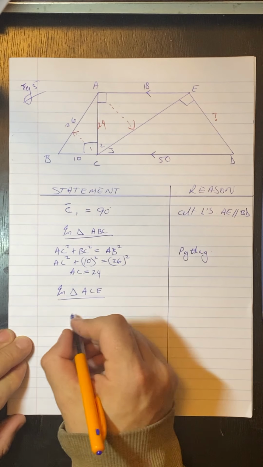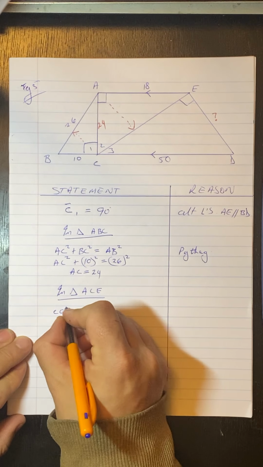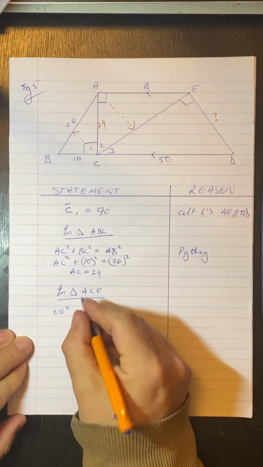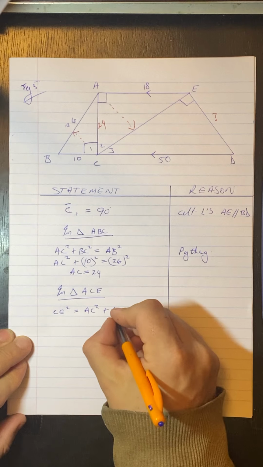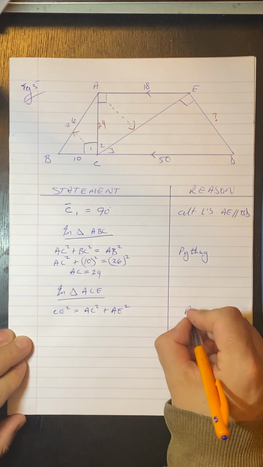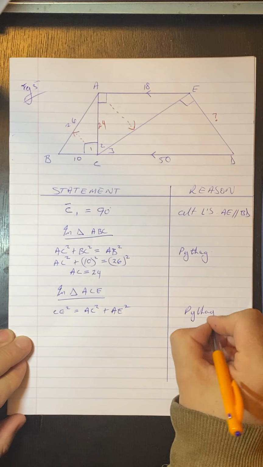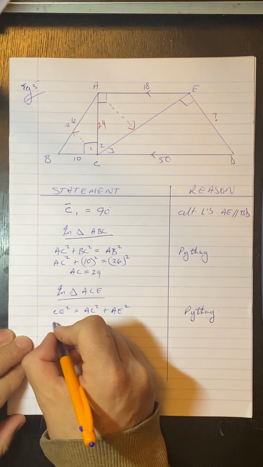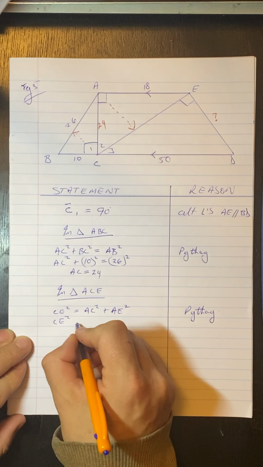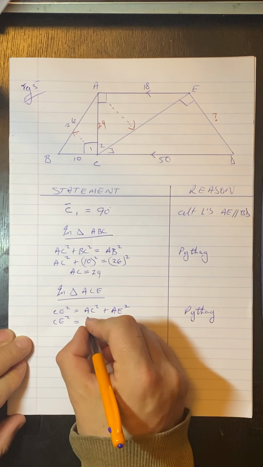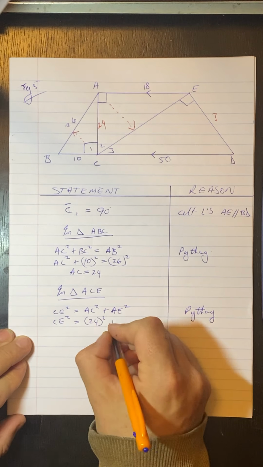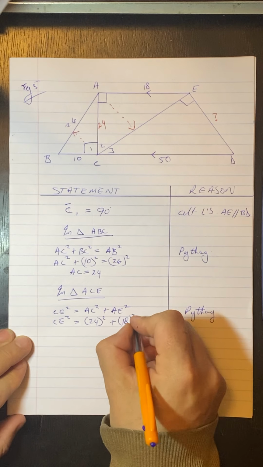So the hypotenuse squared, so CE squared, equals AC squared plus AE squared. My reason, Pythag. Fill in my values. So CE squared, we don't know, equals AC is 24, plus AE is 18 squared.